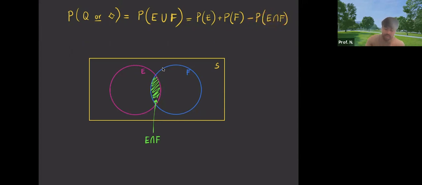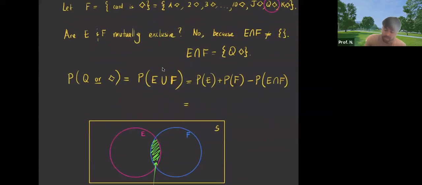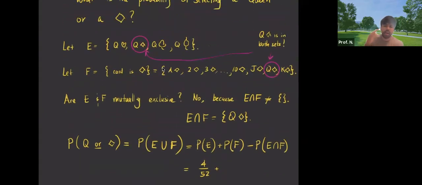So in order to count this overlap region just one time, I have to subtract the probability of this occurring, because I'm already counting it twice in this sum. So what's the probability of E happening? Well, the probability of a queen is 4 out of 52 ways, right? What's the probability of getting a diamond?